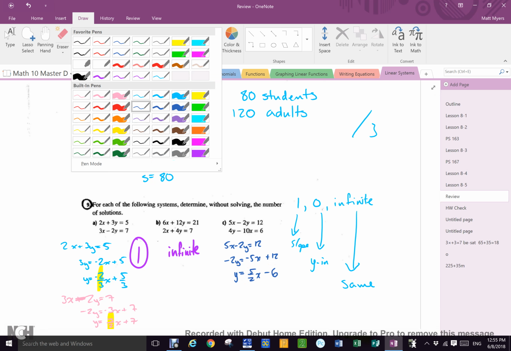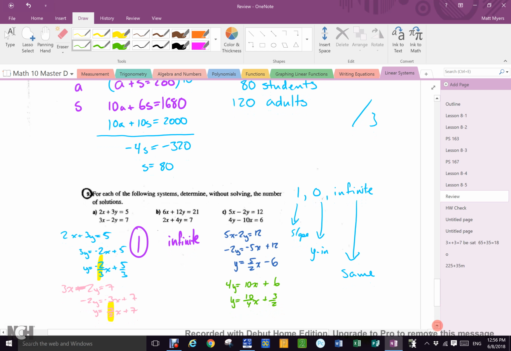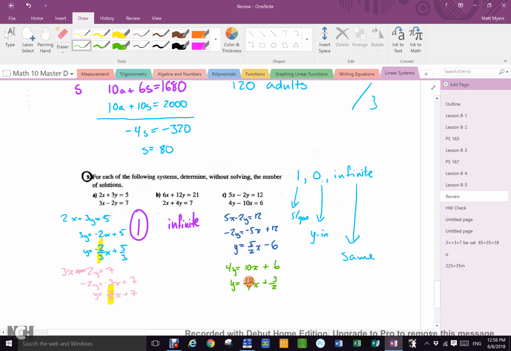here. I need another color, light green. 4y equals 10x plus 6. Y equals 10 over 4x plus 6 over 4, which is 3 halves. And of course, you notice this is not 10 over 4 because you've been to grade 3 and you know you never leave it as 10 over 4.